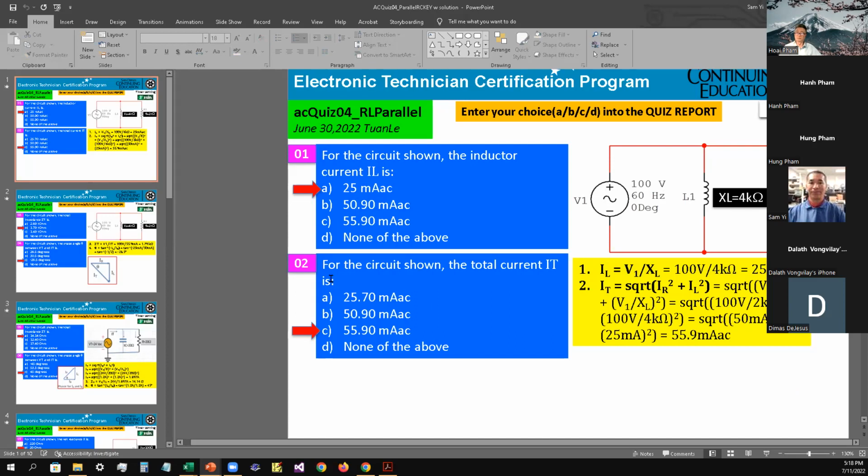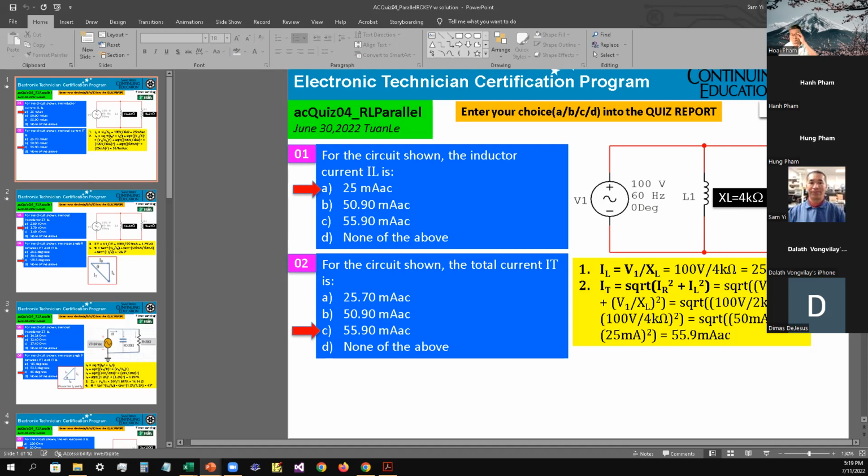Okay, for number 2, for the circuit shown, the total current IT is, okay, now we have to find the total current. So we need to find the current flowing through the inductor, as well as the current through the resistor.